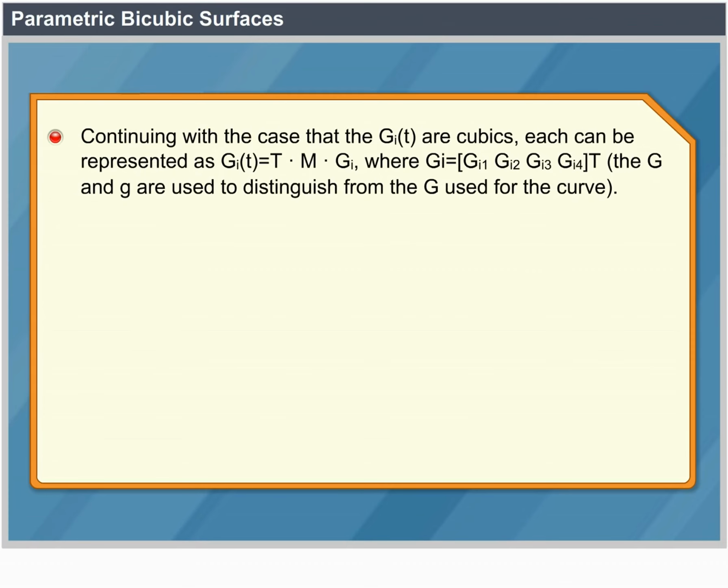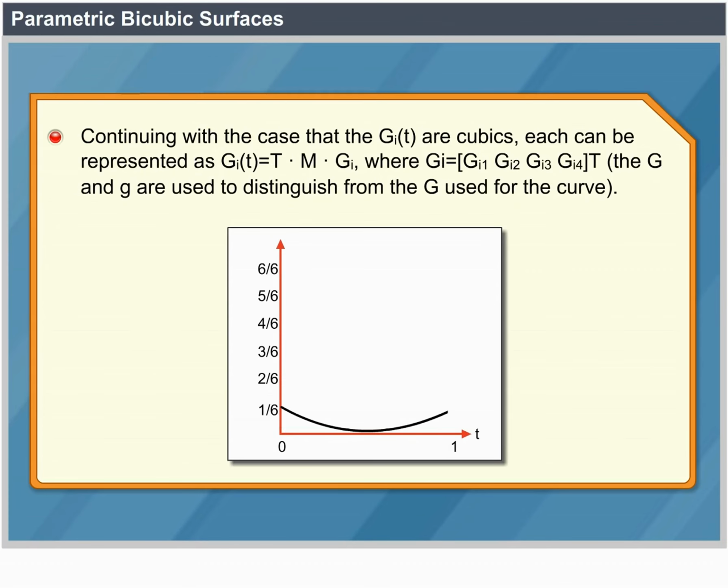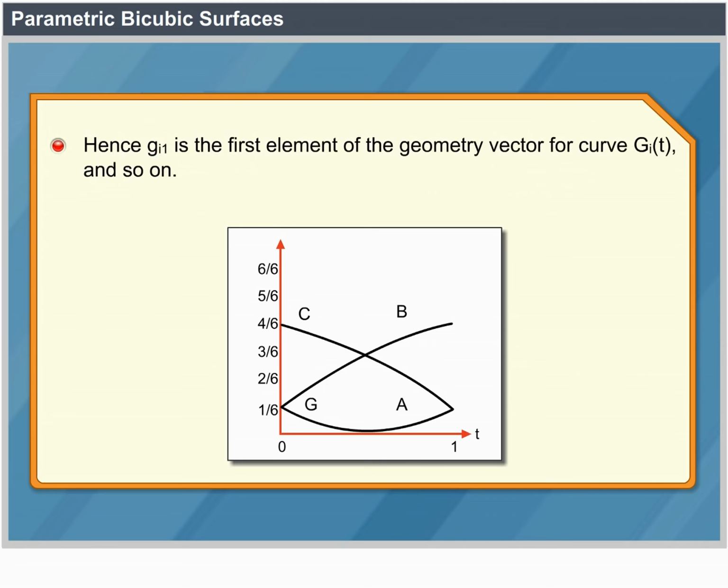Continuing with the case that the Gi(t) are cubics, each can be represented as Gi(t) = T · M · Gi, where Gi = [gi1, gi2, gi3, gi4] transpose. The capital G and small g are used to distinguish from the G used for the curve. Hence, gi1 is the first element of the geometry vector for curve Gi(t), and so on.